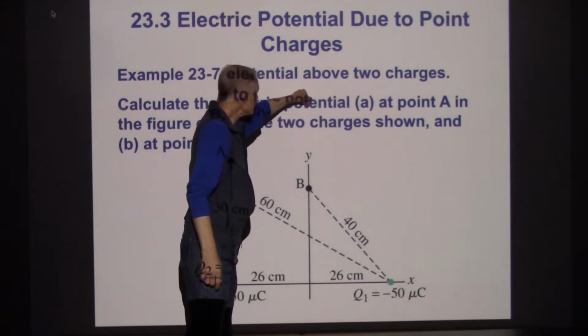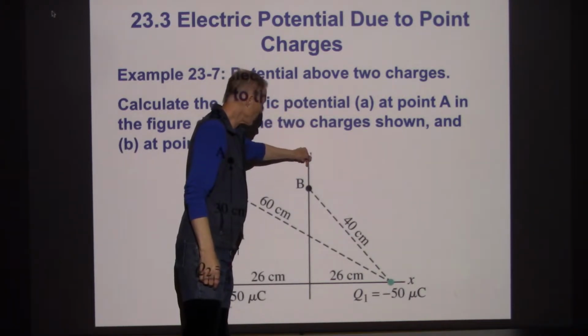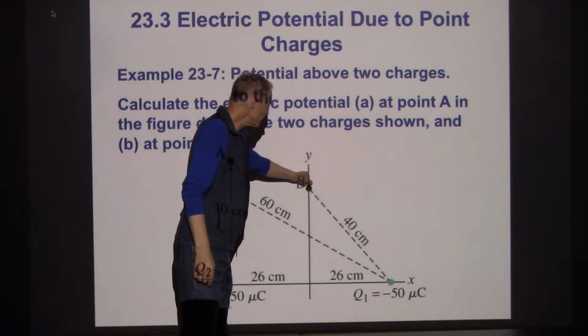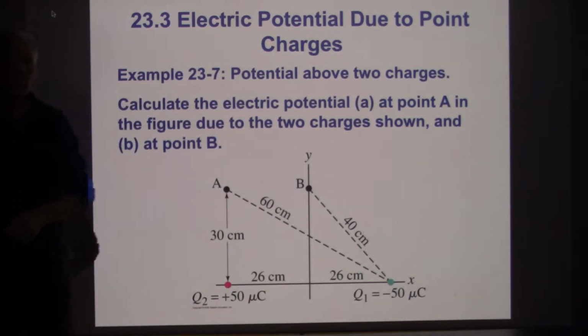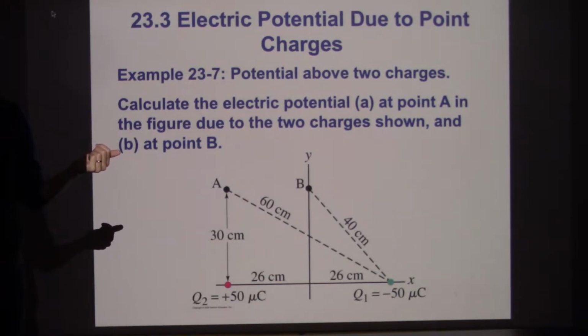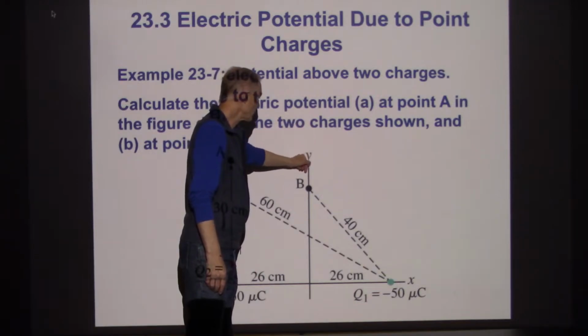And I could actually bring the charge in right here, and the potential would be 0 the whole way. And that would say that it wouldn't require any energy at all. I could bring a charge in from infinity to point B, and I would never have to exert any force in the y direction in order to bring it into point B.